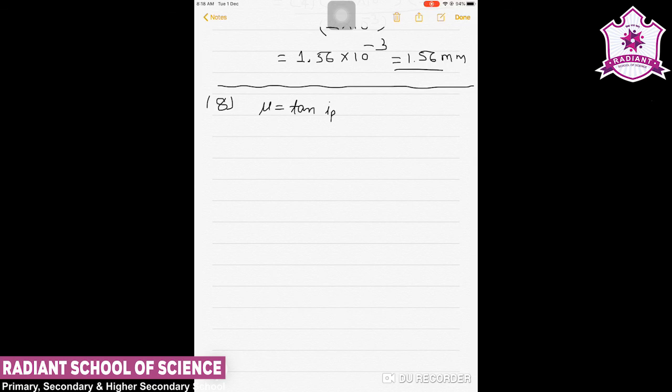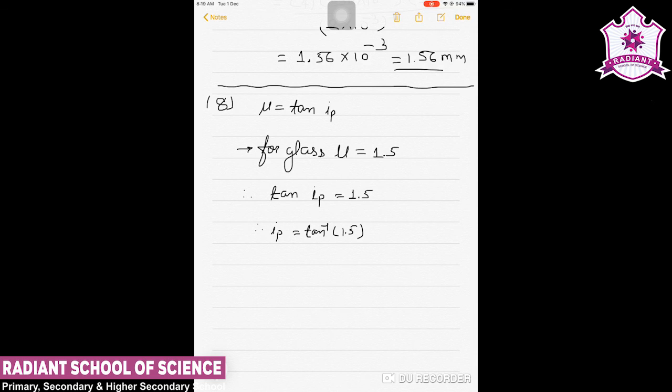So we can say that here the refractive index of glass is given, and therefore we can find out the IP. We can say that for glass mu will be 1.5, and therefore tan IP will be 1.5, and therefore IP would be tan inverse of 1.5.